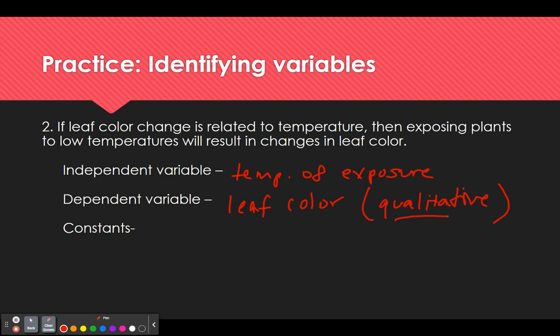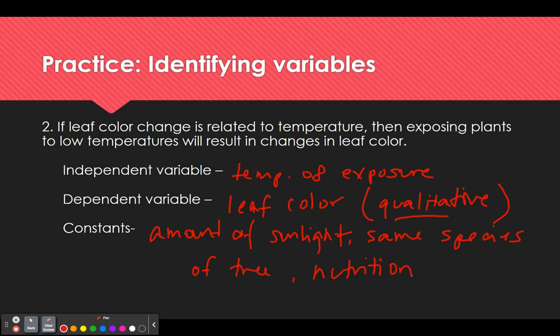And then the constants I'm changing here might be amount of sunlight. I could also make sure that it's the same species of tree. Let's say amount of sunlight, same species of tree, nutrition and water.